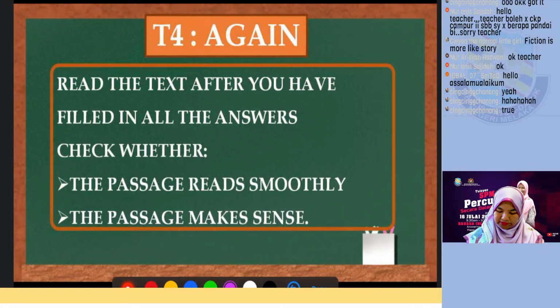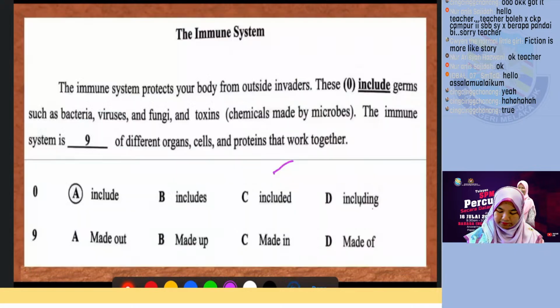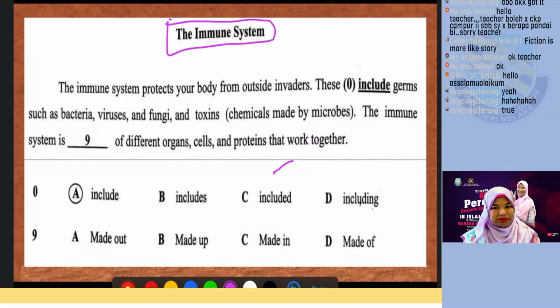Okay, let's try this one. There's only one question here. The topic will be the immune system. Let me read it for you. The immune system protects your body from outside invaders.